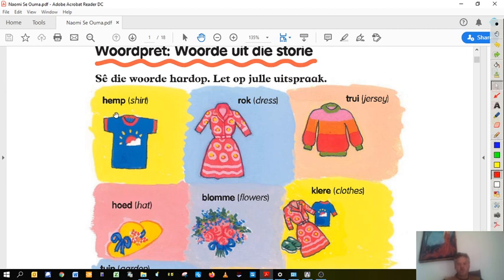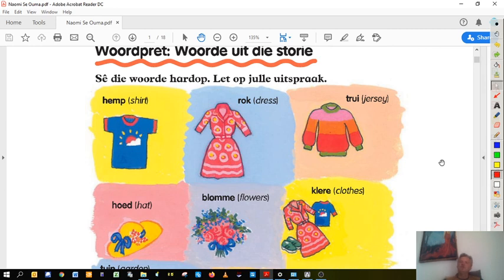They write the word, let's say, trui and next to it the word jersey. And they can write that out about 5 times. They can write the next word, which is hood, next to it the meaning of that word in English, which is hat, and then write it out 5 times. And they continue that with this whole list of new words.